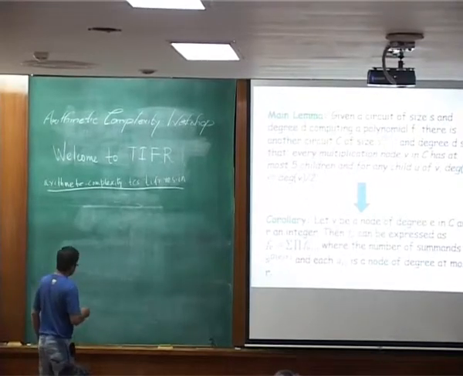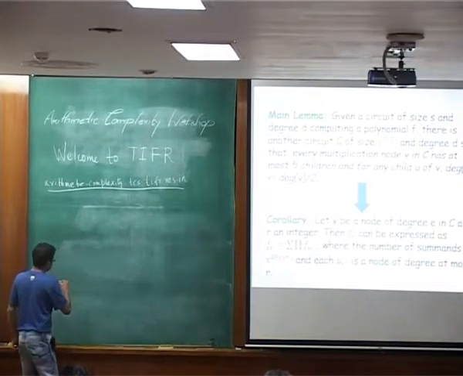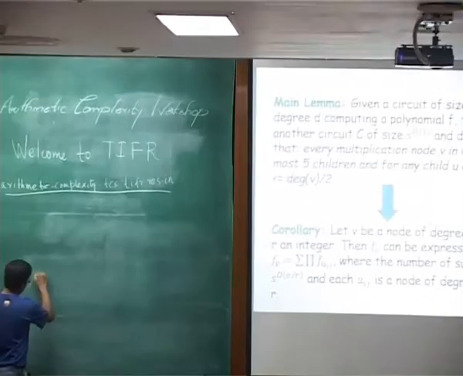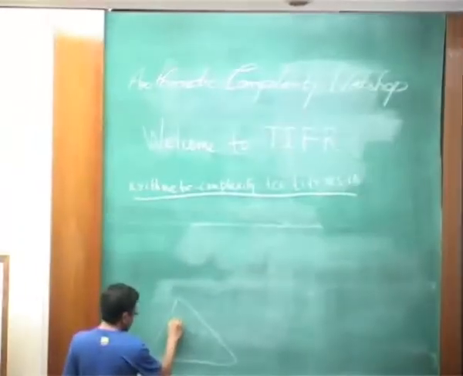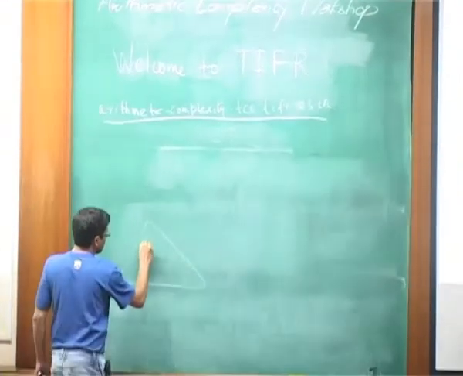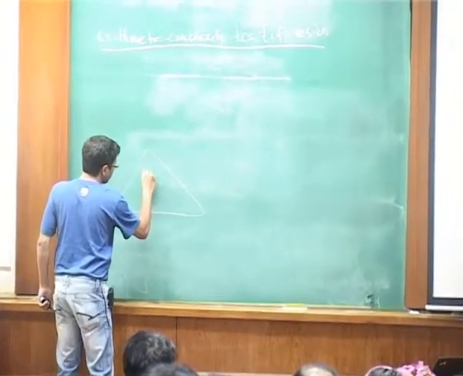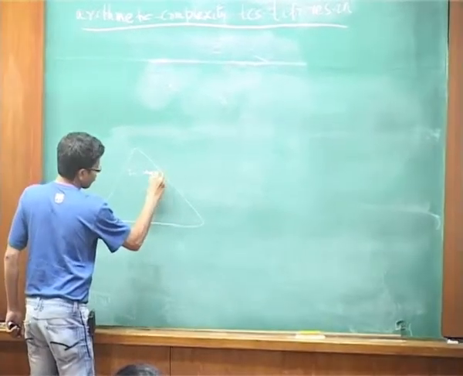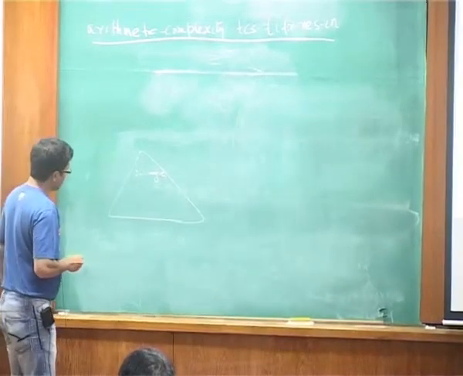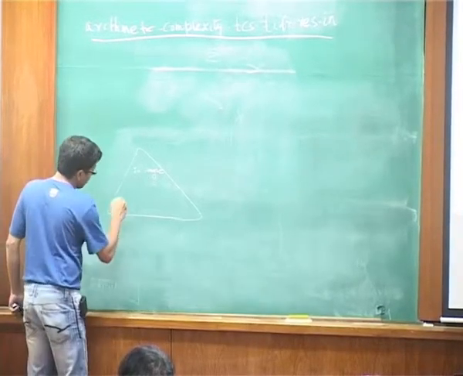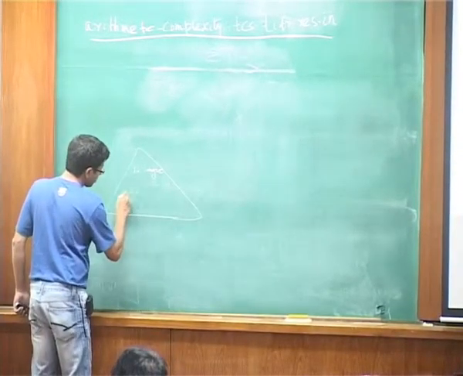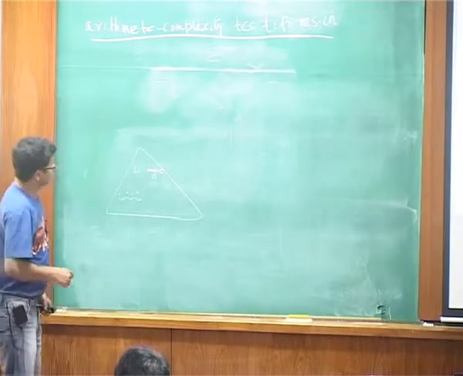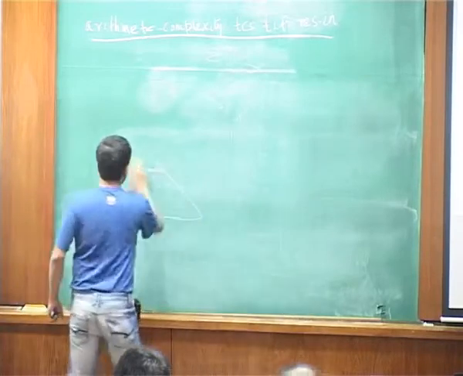So here's what you would do. Suppose you pick a node V in my circuit. It has some degree E. Now, consider this collection of nodes.